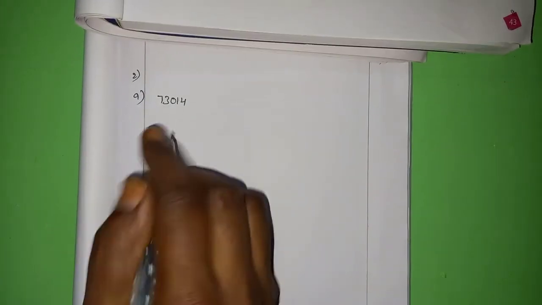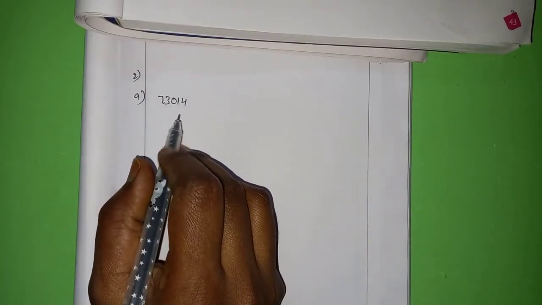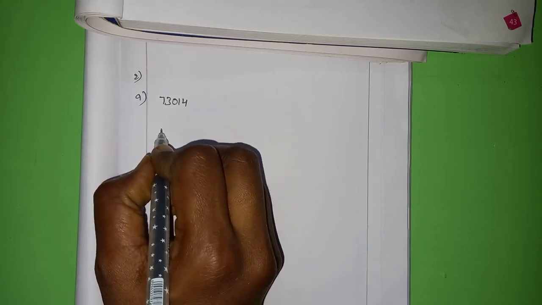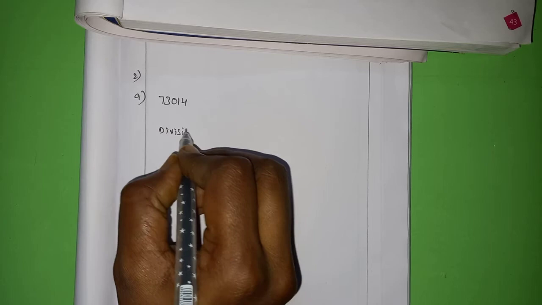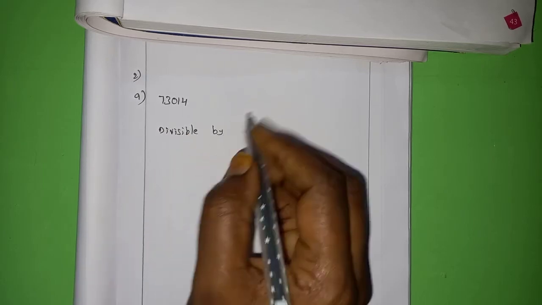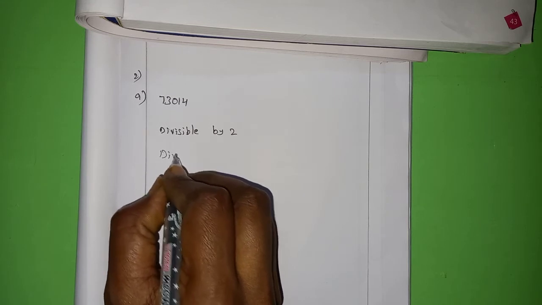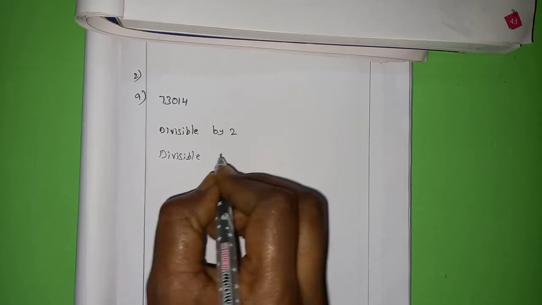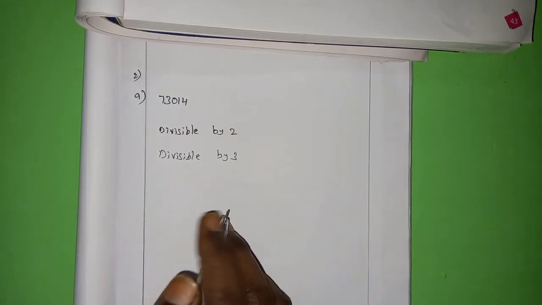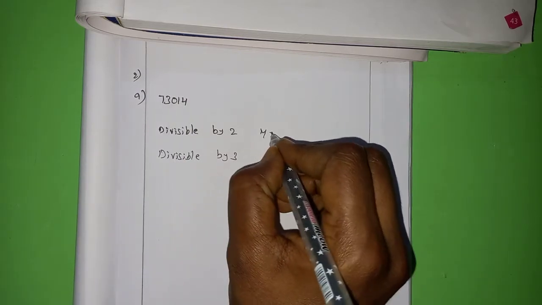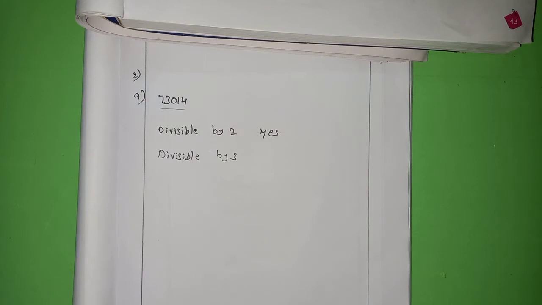73014. To check whether the number is divisible by 6 or not, we have to check two conditions. One is whether the number is divisible by 2 or not. The second one is whether the number is divisible by 3 or not. Is this number divisible by 2? Yes, because this is an even number.